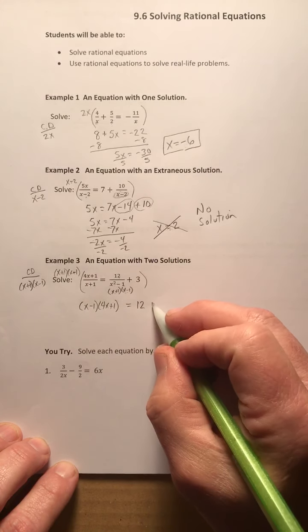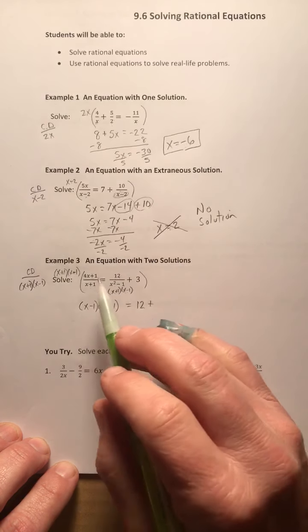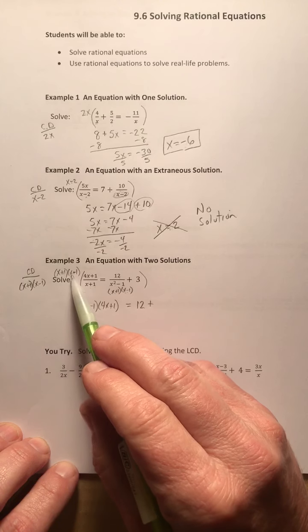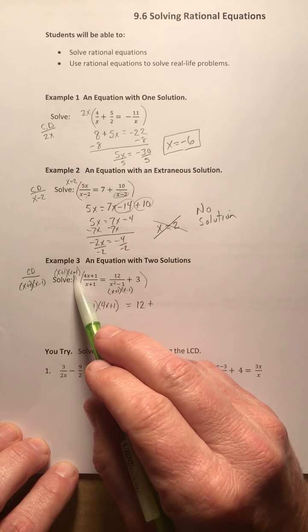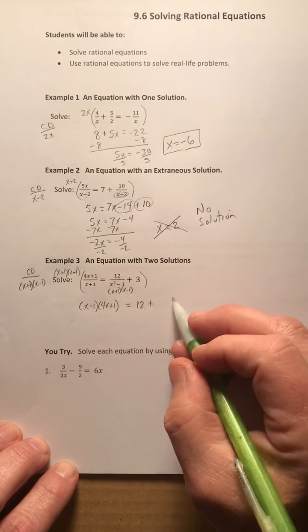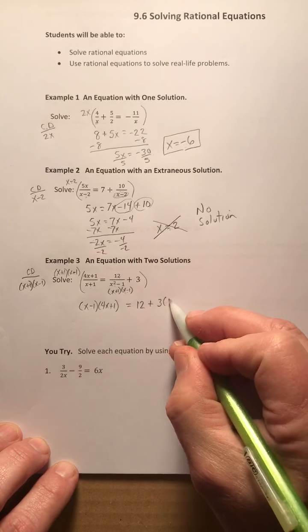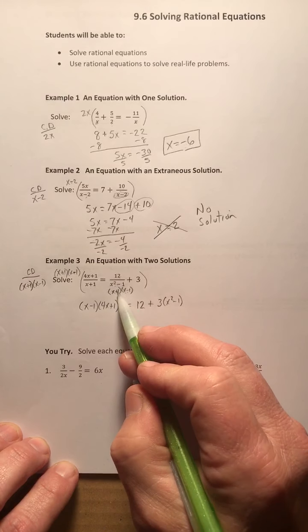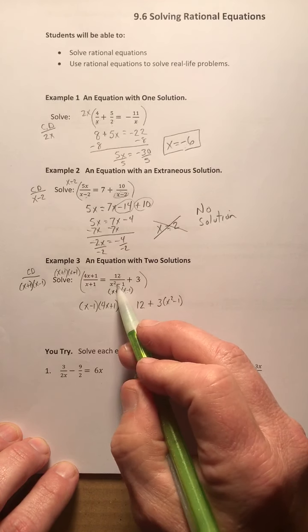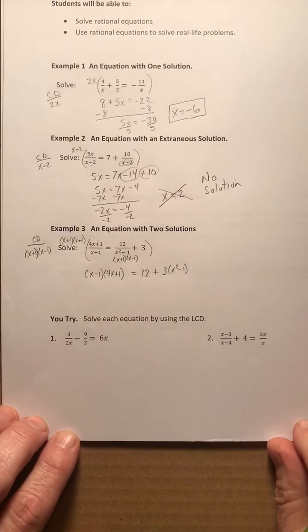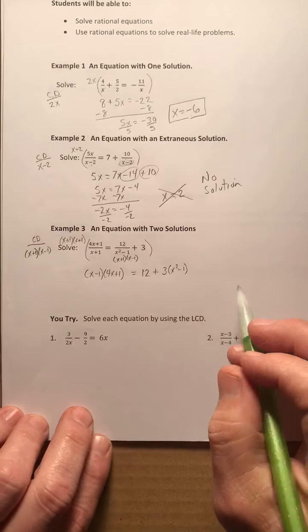And then plus, we multiply this by it, it's just going to leave us with x squared minus 1 times 3, or just 3 times x squared minus 1. Because again, that's what x plus 1 times x minus 1 is, x squared minus 1, and it'll be easier to work with when we're multiplying it by 3. So now we got rid of our fractions.